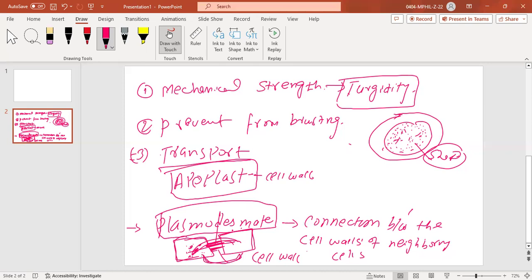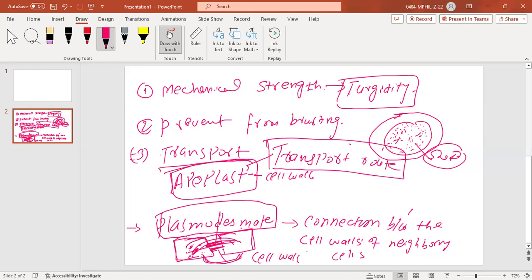It is a transport route actually. Any type of transportation will occur through this apoplast, and this is because of the cell wall. Another important thing I have told you is the connection between these two cells, and this is through the plasmodesmata.